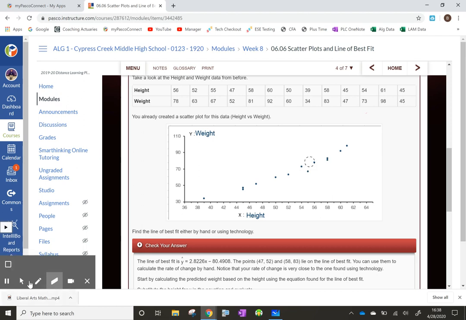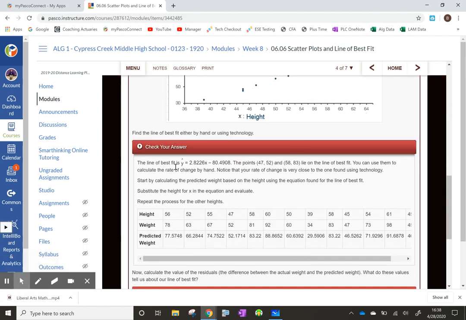They've come up with the equation y equals 2.8226x minus 80.4908. So they've already done the work for you to create this equation. Then what they've done is they took the height values and plugged them into their equation to get out a y value from the equation.